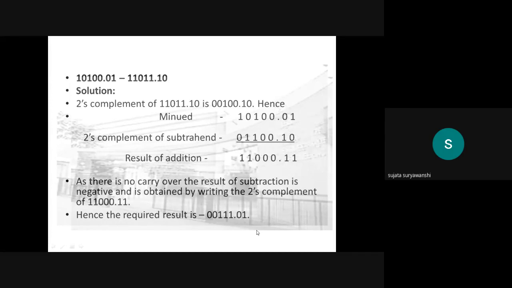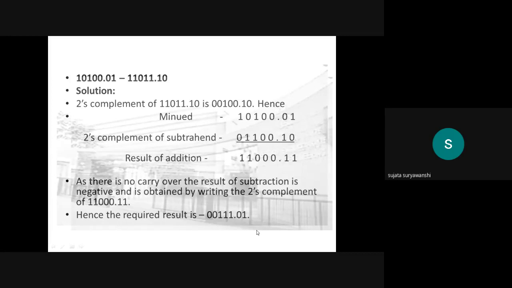Just remember the rules for the subtraction of binary numbers using 2's complement form. It is mentioned in your examination, that is, perform binary subtraction using the 2's complement method. You have to use this method only. What are the rules to perform the subtraction using 2's complement?